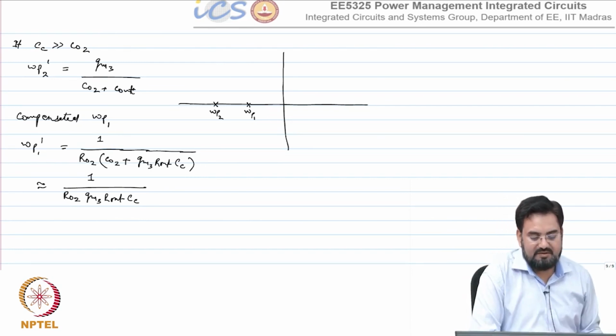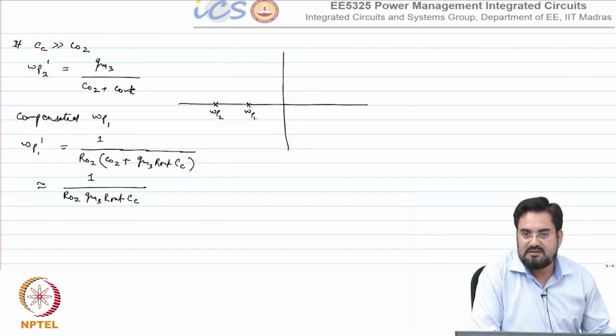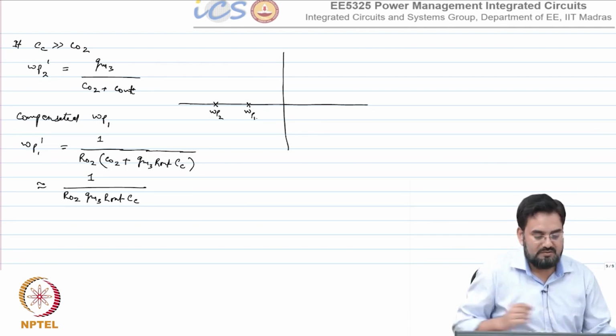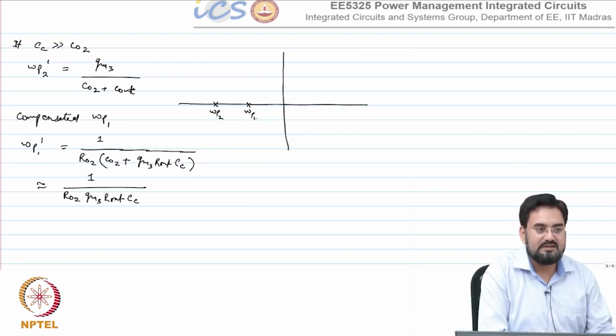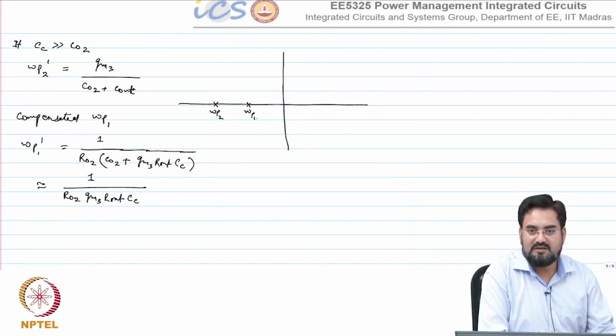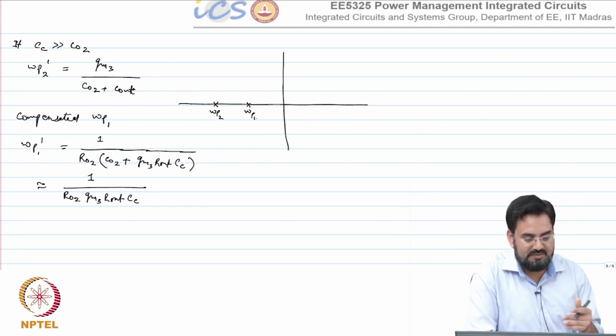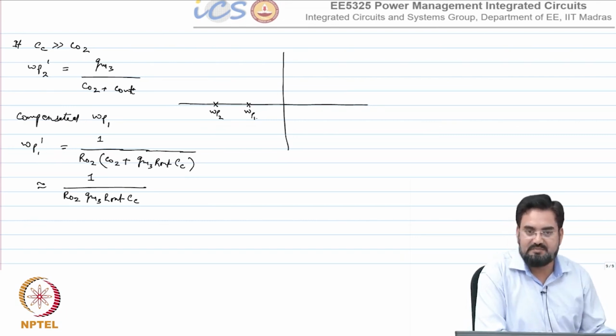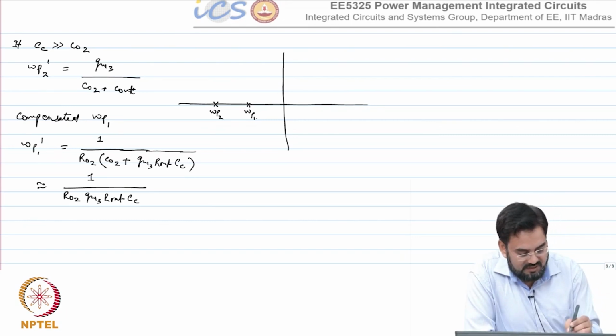So, what is happening after compensation? You know omega P1 was 1 over RO2 CO2 and omega P2 was 1 over R out C out, correct. So what happened to omega P2 now? Gm3 over CO2 plus C out. Will that be at a higher frequency or lower frequency compared to the previous one? Higher frequency. Okay, because Gm3 will be much larger compared to the 1 over R term.